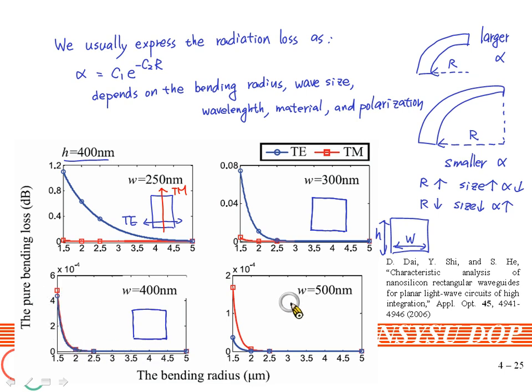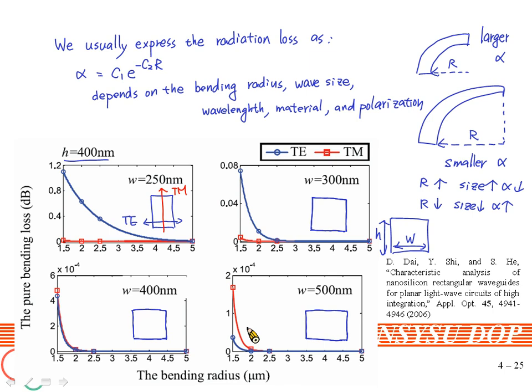Besides, if we increase the W value to be larger than H, the structure will look like this. As a result, it will have a better confinement for TE, so we will have smaller loss for TE, but poor confinement for TM, so we have a larger bending loss, radiation loss, for TM.